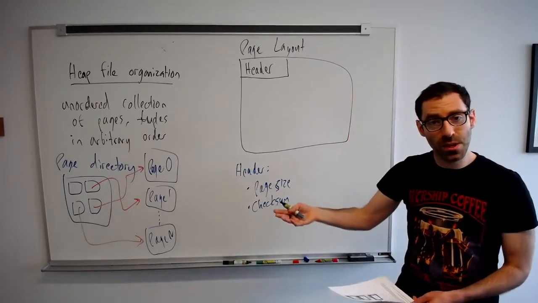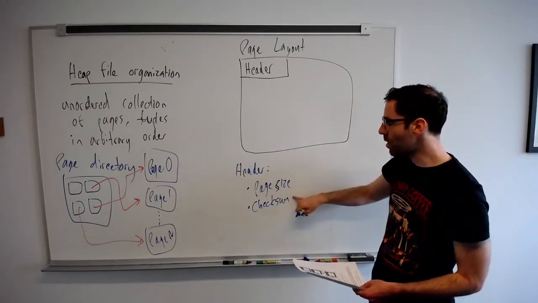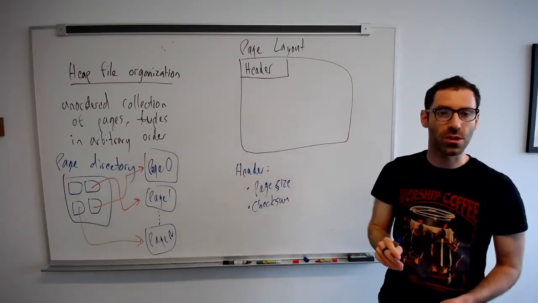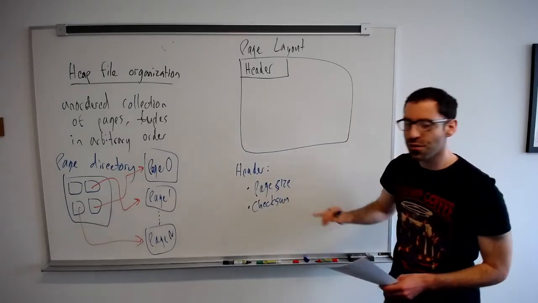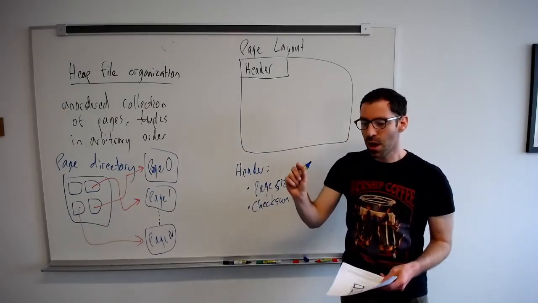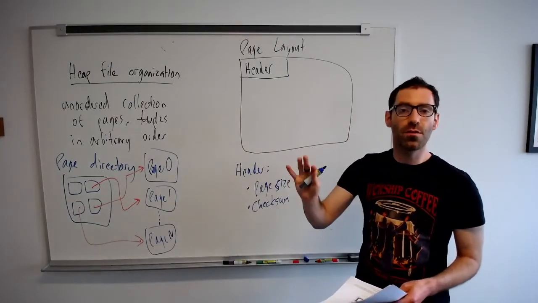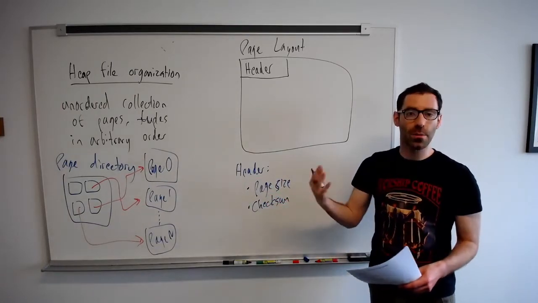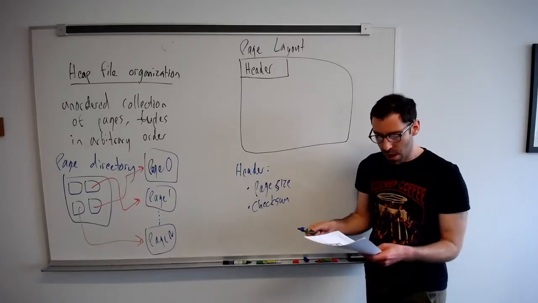Was data corrupted within the page? We can compare the recorded checksum to the checksum of the current contents. And like hash functions, checksums are going to differ even with small changes to the input data. So they're a very common data integrity tool.